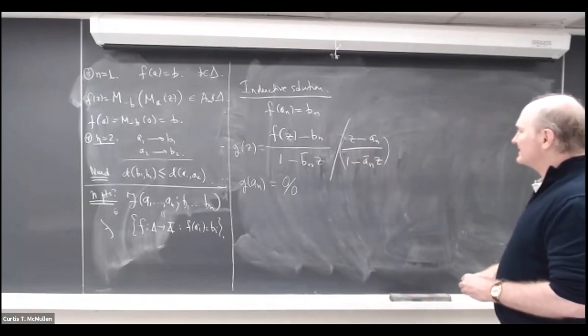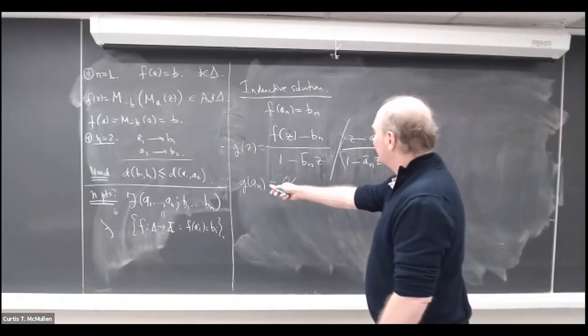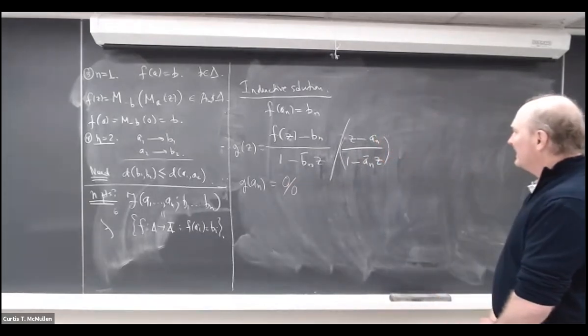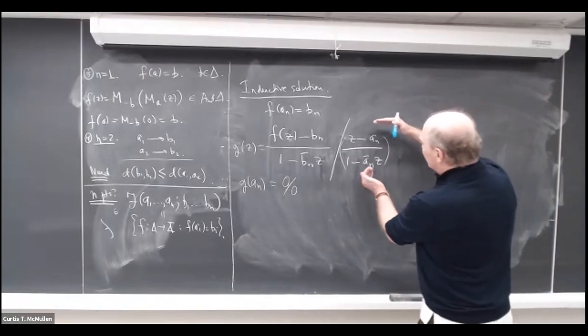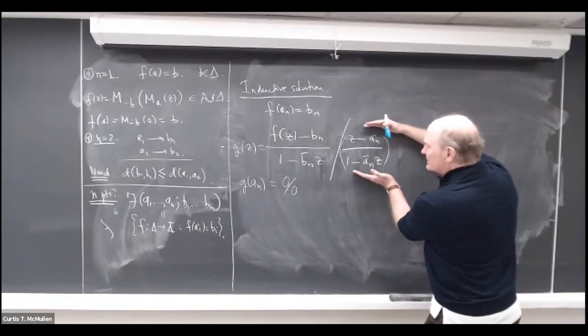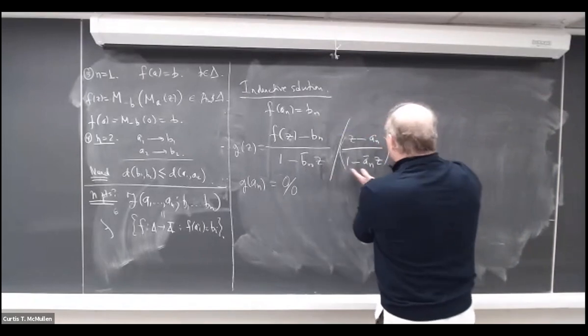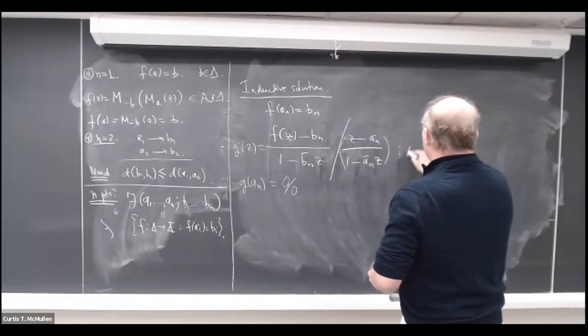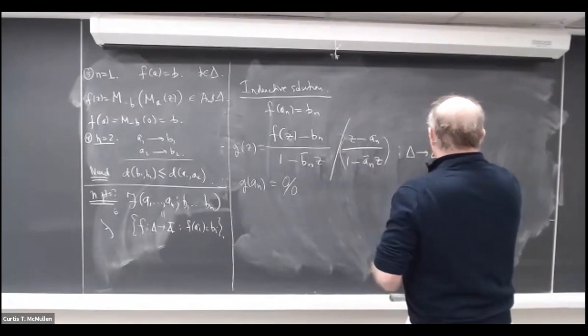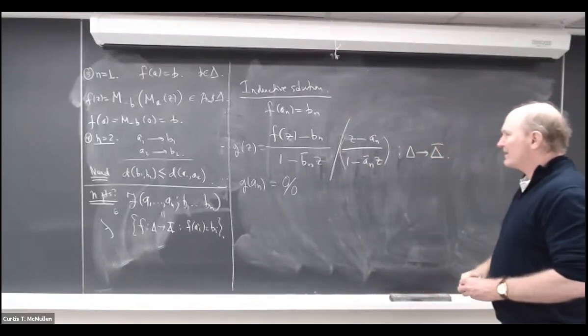This is an analytic function even at the point an. And moreover, this function sends the circle to the circle. This function is everywhere bounded by 1. So in fact, this ratio still maps the disk to itself, although it might take values in the boundary.